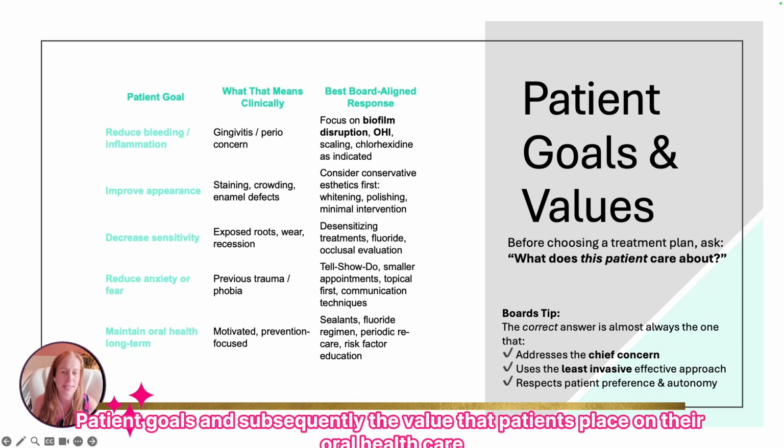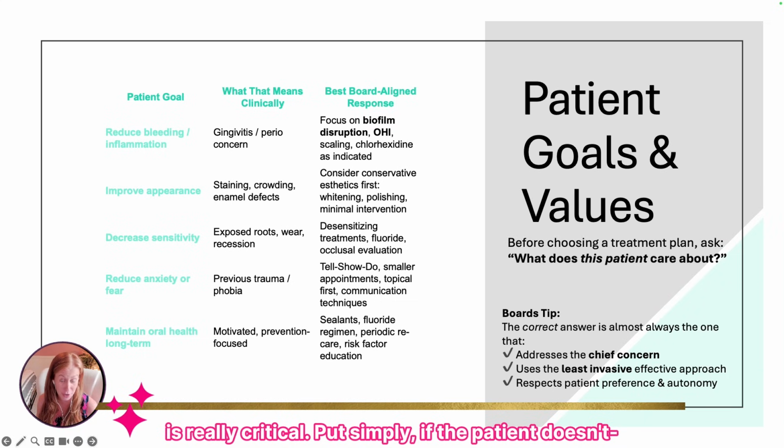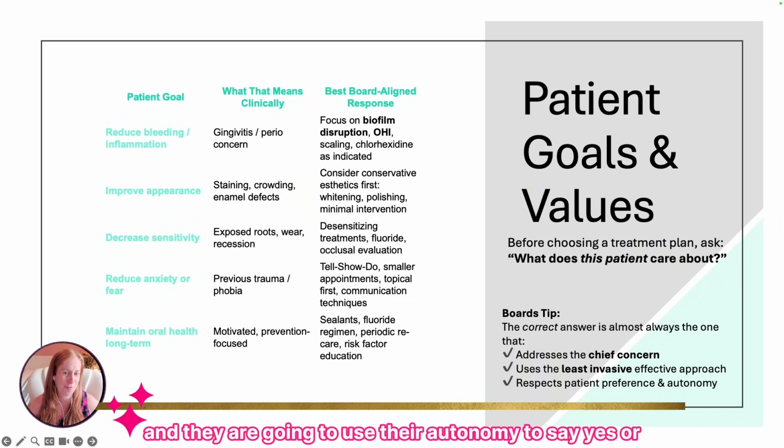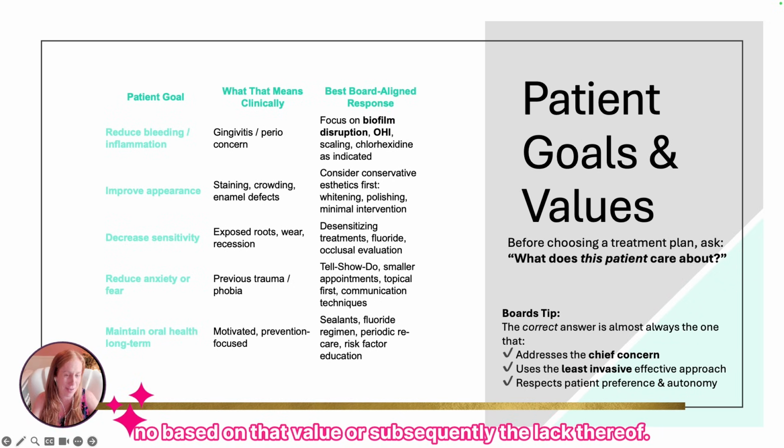Patient goals and subsequently the value that patients place on their oral health care is really critical. Put simply, if the patient doesn't value oral health, we're going to put treatment options in front of them and they are going to use their autonomy to say yes or no based on that value or subsequently the lack thereof.